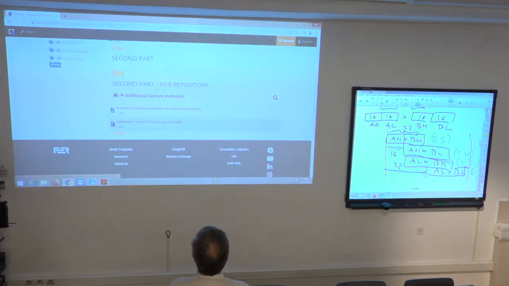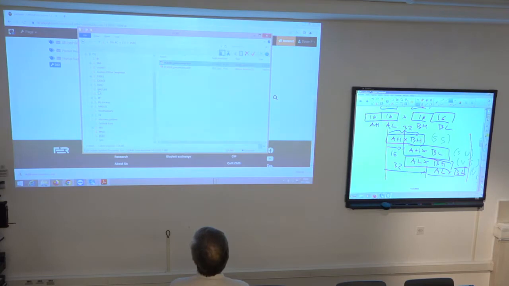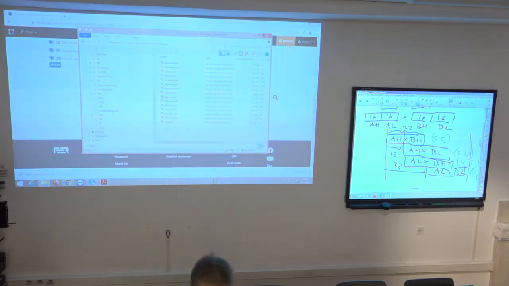So if I download this zip file, then in downloads, additional materials, okay. So it has the folder with, I don't know how many, 15 documents.